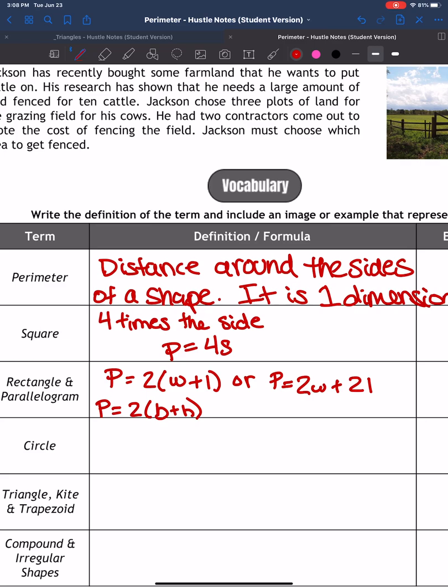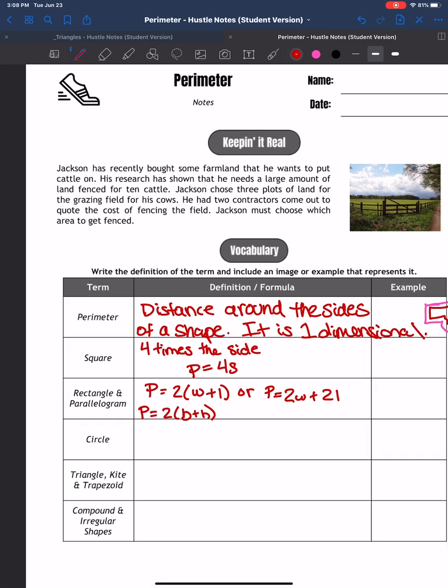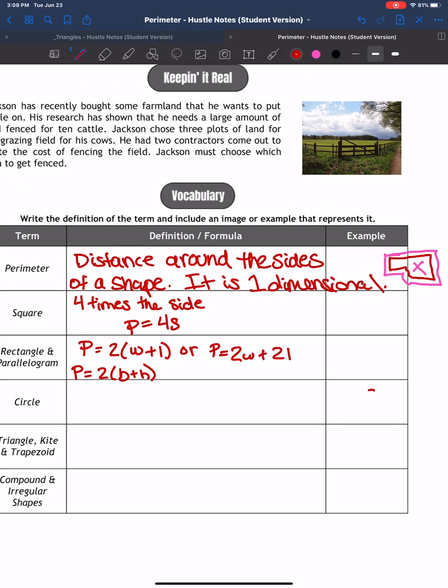The perimeter of a circle is its circumference. Circumference is the outside, so it would be this line on your circle, the distance around your circle, and your circumference would be C equals pi times diameter, or C equals 2 pi times your radius.